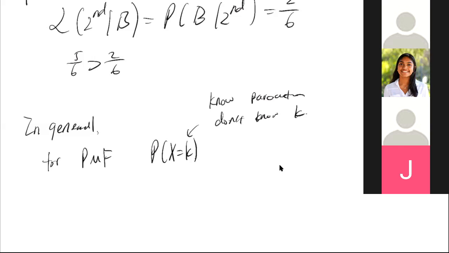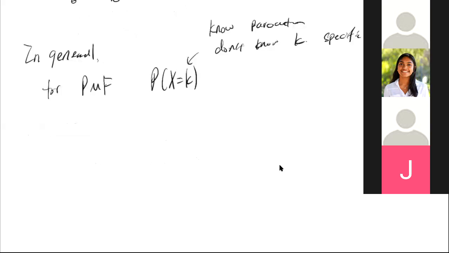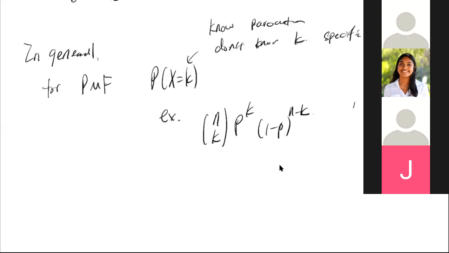So let's take binomial as an example. The probability distribution is n choose k times p to the k times 1 minus p to the n minus k. And why do we have that probability distribution? If you have a probability distribution, that means you already know n, but you don't know k yet, though you might know k for a specific problem.